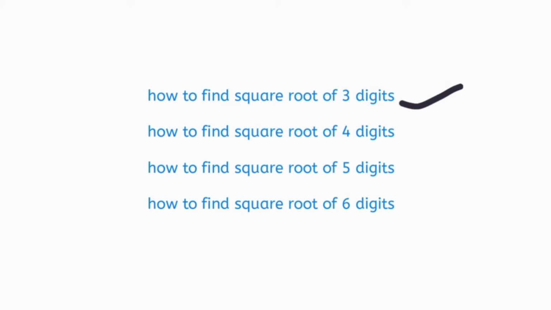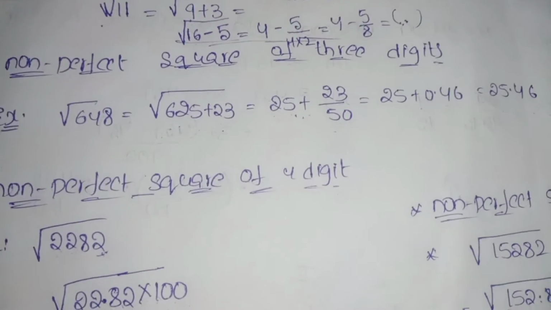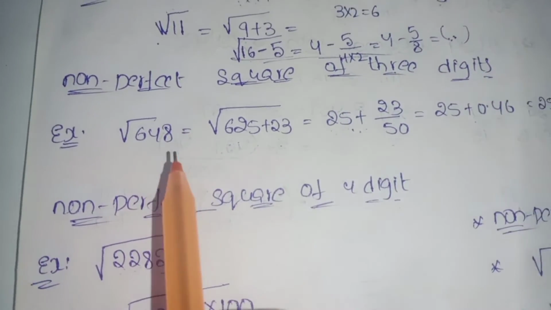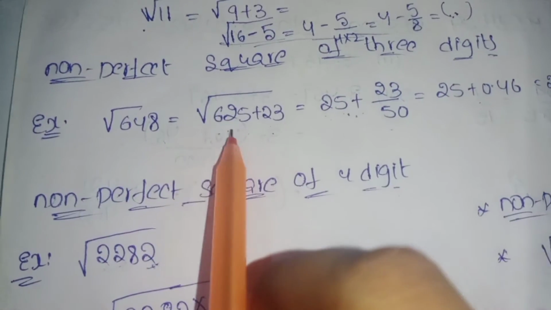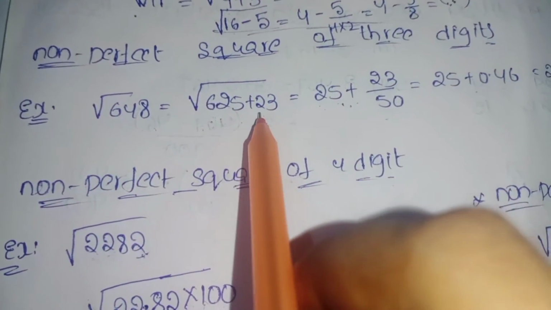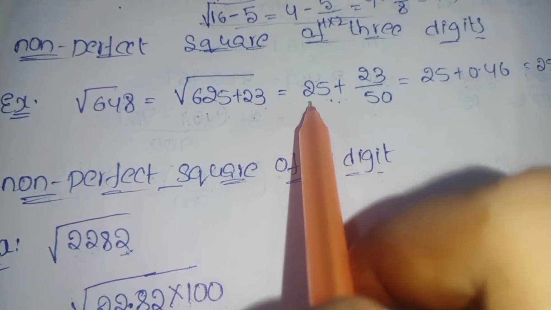The next example is how to find the non-perfect square root of 3 digits. Let us see one example, the square root of 648. First you have to write 648 in the form of 625 plus 23. And what is the square root of 625? 25.